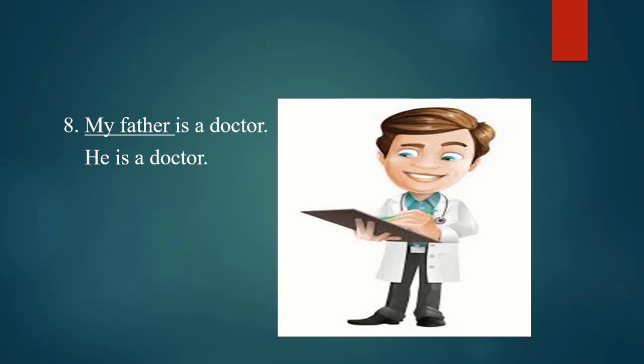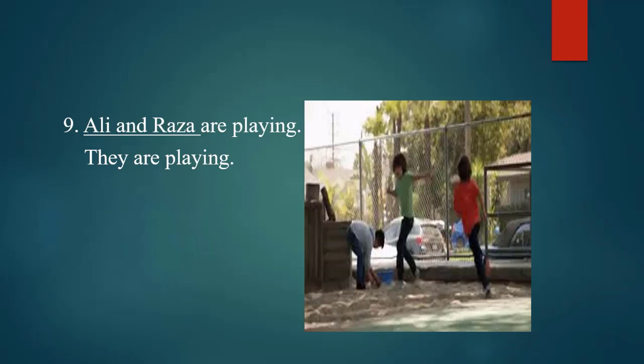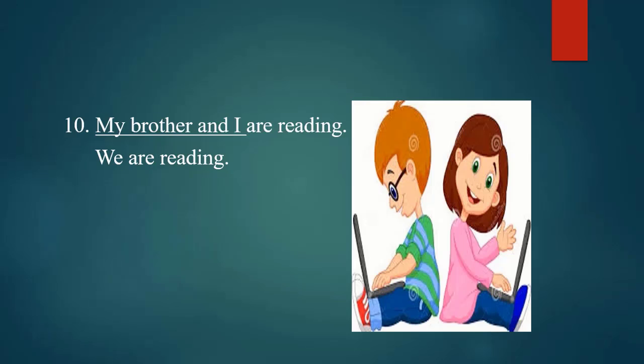Our eighth sentence is my father is a doctor. As father is a male तो हम जो pronoun यहाँ use करेंगे वो है he and our sentence will become he is a doctor. Our ninth sentence is Ali and Raza are playing. इस सेंटेंस में टू बॉयज़ की बात हो रही है तो यहाँ जो प्रोनाउन हम यूज़ करेंगे वो है they and our sentence will become they are playing.